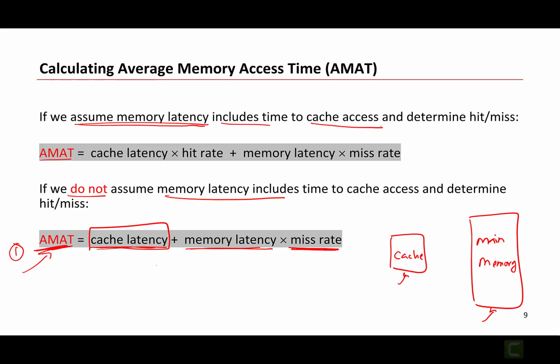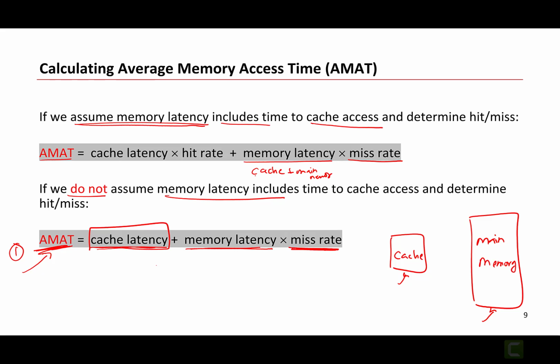So now what that means is, for when I say some fraction of cache misses, I incur the latency of memory. That latency includes the cache access latency and the main memory latency, right?